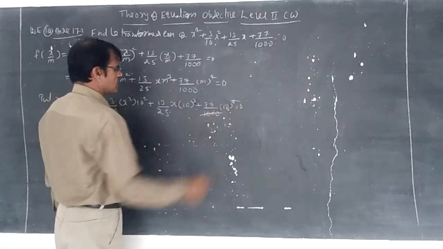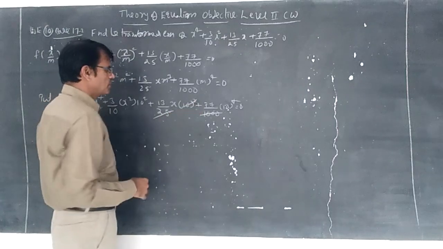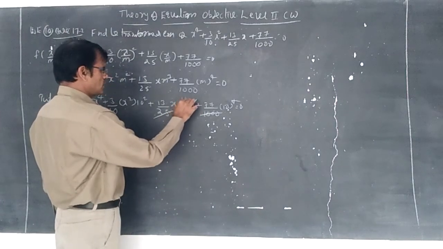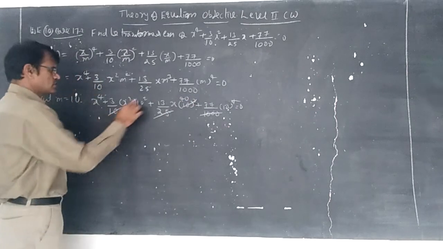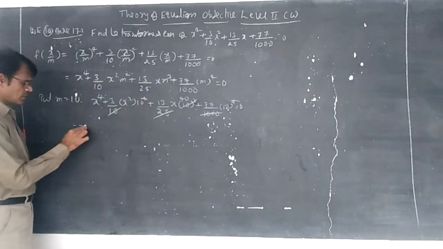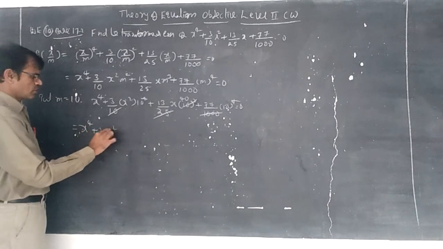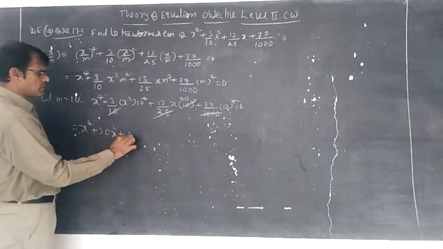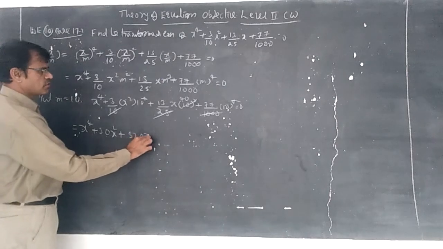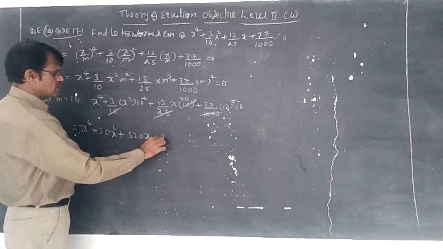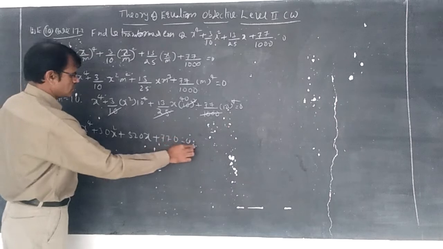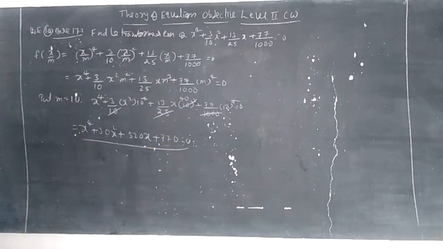So 10 will be dividing 10 times, 25 will be dividing 1000 in 40 times, this is 10 square. So the required transformed equation is x power 4 plus 30x square plus 13 40s are 520 x plus 770 equal to 0. This is the transformed equation.